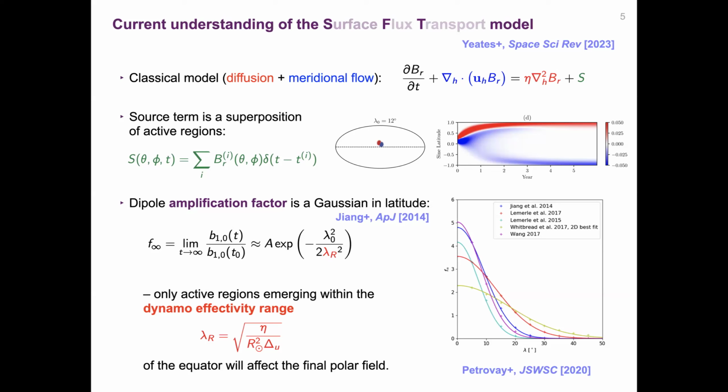As Yiming said, this delta U parameter at the bottom here is in the denominator. That's essentially how strong the flow is at the equator. Sorry, what am I saying? The delta U is the divergence of the flow at the equator.